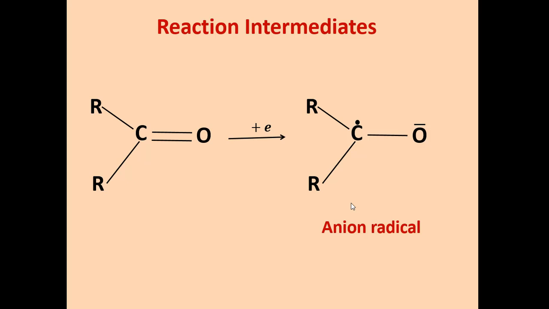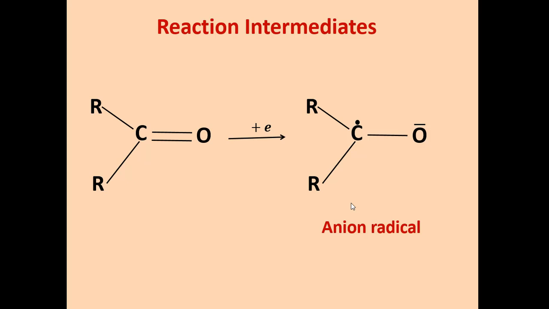So far we have seen quite a few organic reaction intermediates. They include carbonium ion, that is carbocation, carbanion, free radicals with odd electron over carbon. We have found the nitrene intermediate, carbene intermediate, cation radical intermediate, anion radical intermediate, benzyne intermediate.